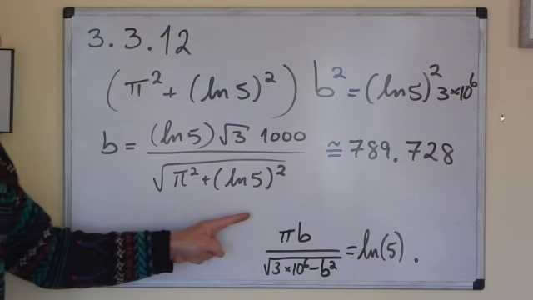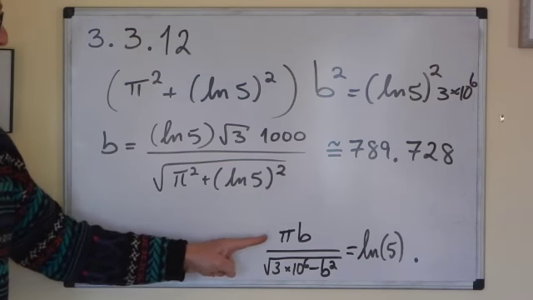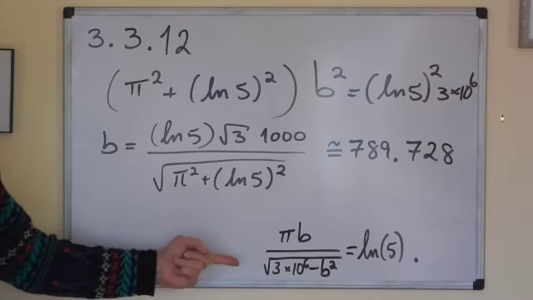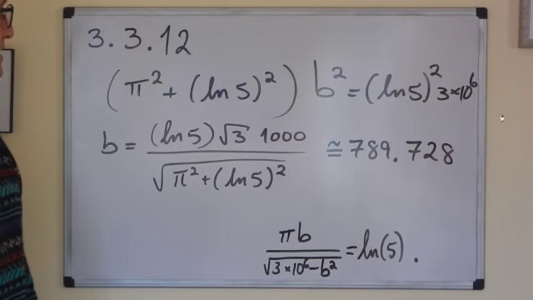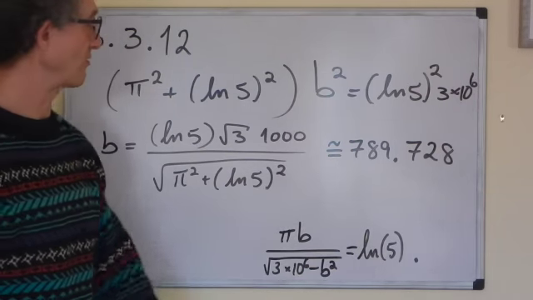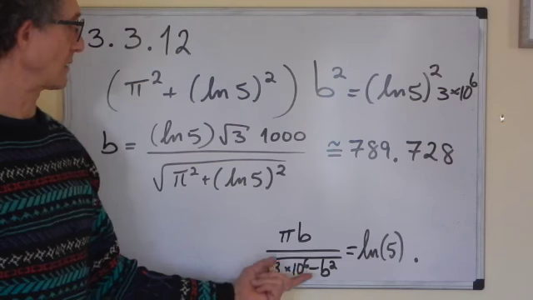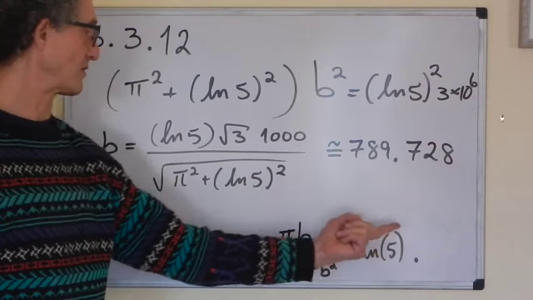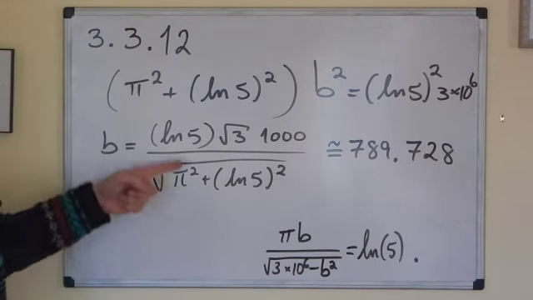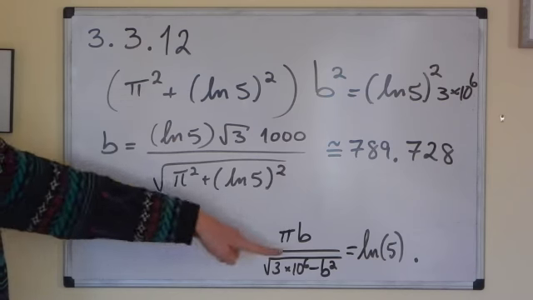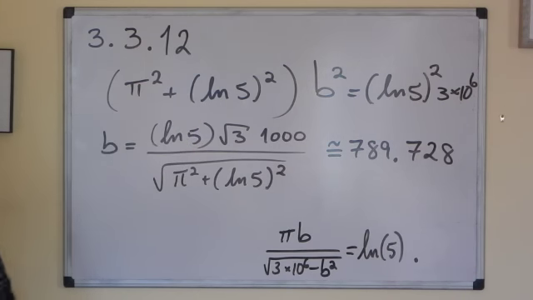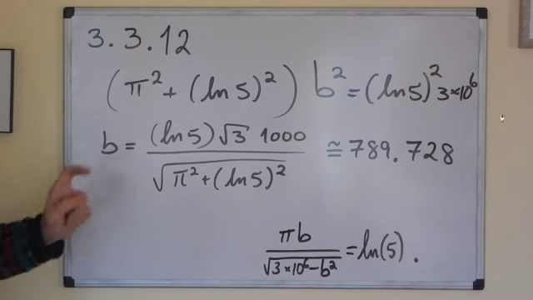We're finishing to find the damping. We have that pi times b over the square root is equal to log 5, squaring both sides, collecting the b squared terms, moving the coefficient of the minus b squared to the left hand side, and then solving for b.